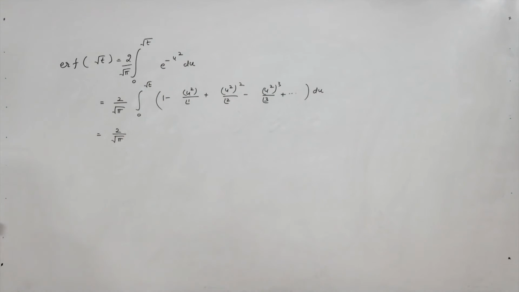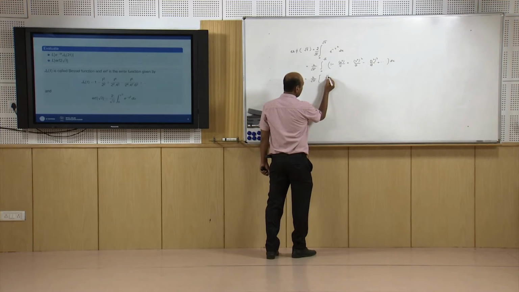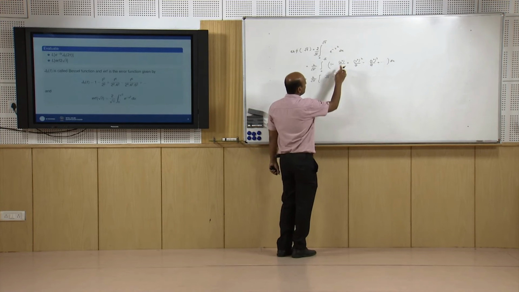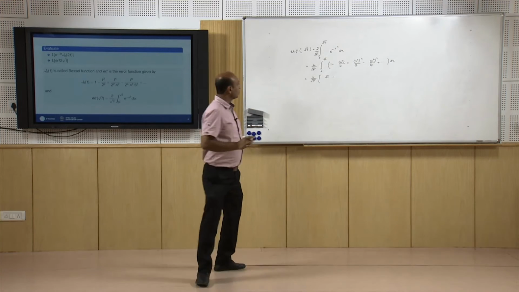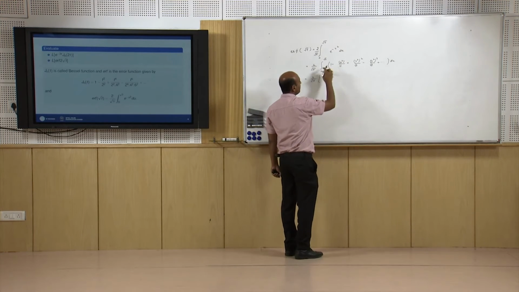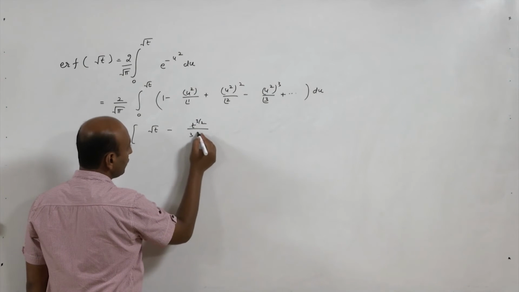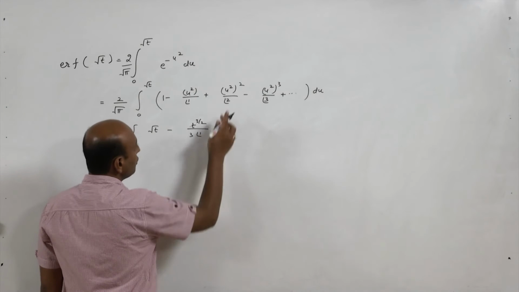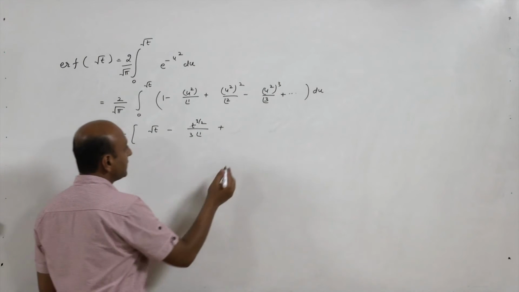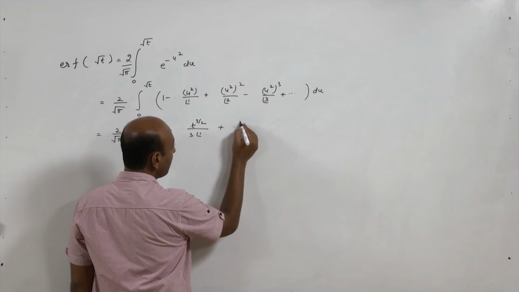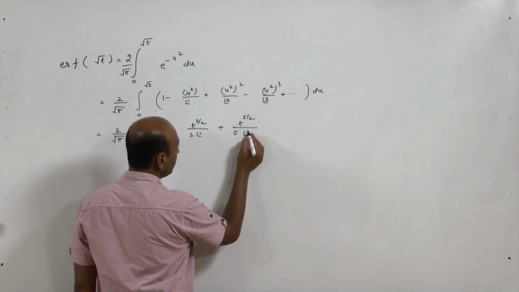When you apply upper limit minus lower limit, this will be nothing but the square root of t minus, now the integration of u square is u cube upon 3, so applying the limit it is t to the power 3 by 2 upon 3 into factorial 1, plus the integral of u to the power 4 is u to the power 5 upon 5, and applying the limit it is t to the power 5 by 2 upon 5 factorial 2.